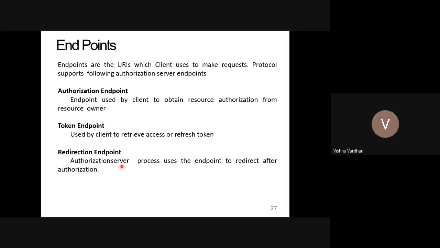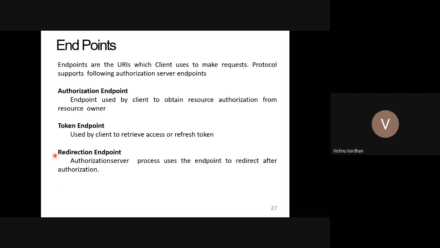Then the redirection endpoint. The authorization server process uses this endpoint to redirect after authorization. Suppose you are already logged into a website, and after some brief timeout you are still on that page. But as soon as you click on a new link or a button, you might have seen several times that the website redirects you to the login page.